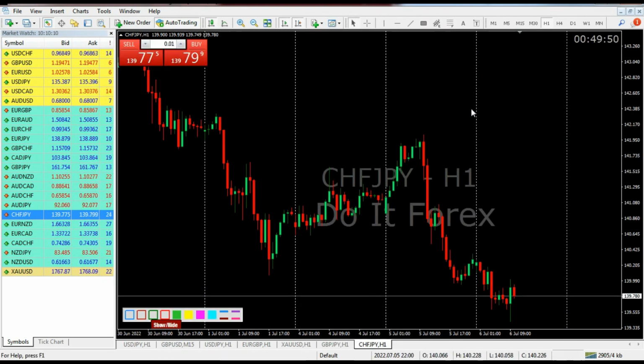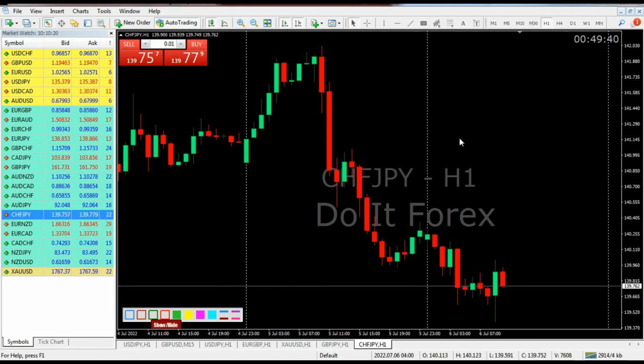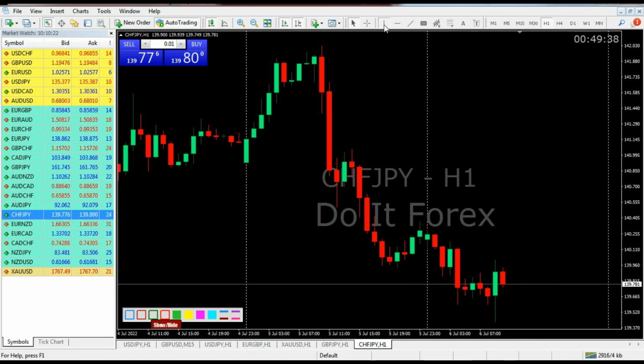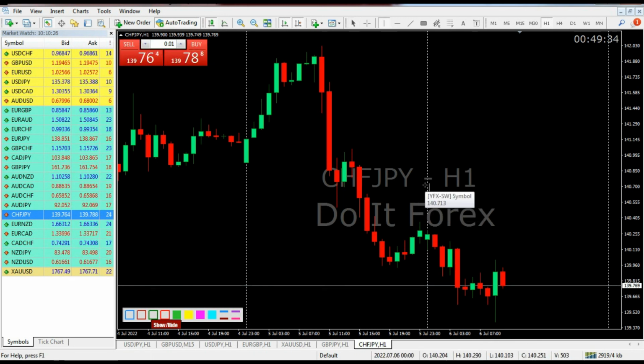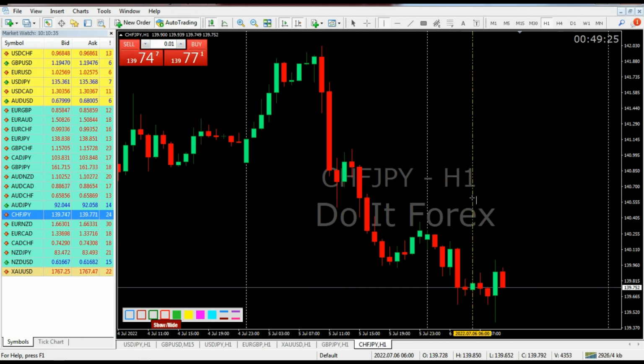Hey guys, okay, first of all, we go to the 1 hour chart, we enable the daily line, then we count the candles from the left to the right, count 7 candles or 6 after the opening candle: 1, 2, 3, 4, 5, 6.